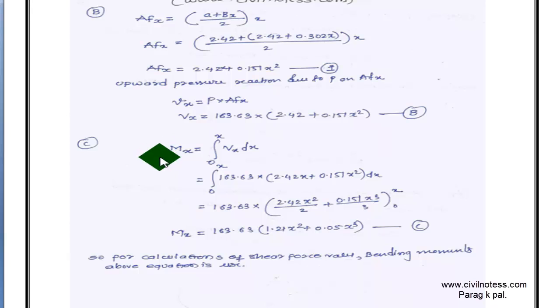Then for the bending moment value, you integrate Vx from 0 to x, and you get the moment Mx. Vx and Mx are very important for calculating the shear force and bending moment for the loading on a trapezoidal footing. Bx and Afx are also important, because without them you cannot calculate these values. So there are only two formulas and some minor relations used to calculate Afx, Vx and Mx.